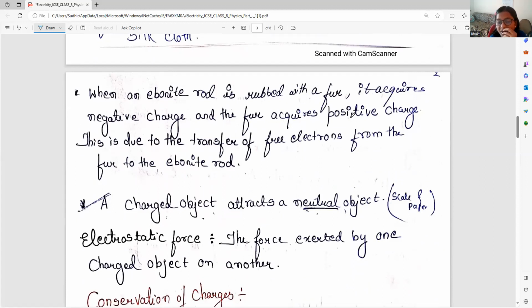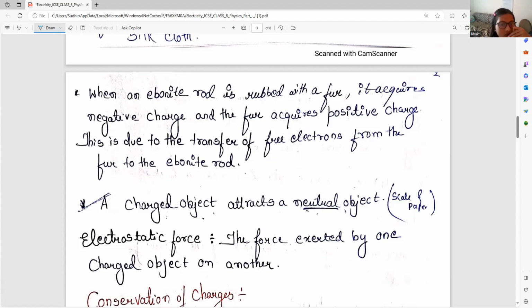Fur will then have a higher amount of positive charge. So fur will get positive charge because of free electrons only. Free electrons from the fur went into the ebonite. So it is also easy.